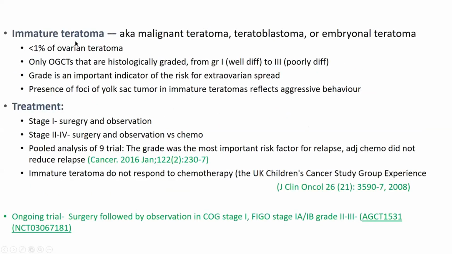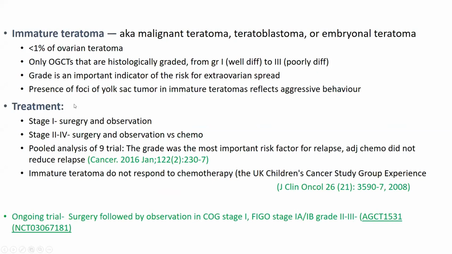So coming to the immature teratoma, this is less than 1% of ovarian teratoma, and it is the only germ cell tumor which is histologically graded from grade 1 to grade 3, well differentiated to poorly differentiated. And in immature teratoma, grade and presence of yolk sac tumor foci indicates that tumor is quite aggressive.